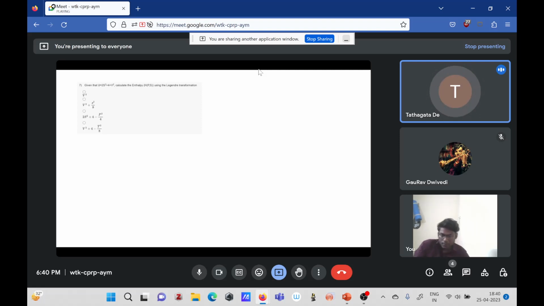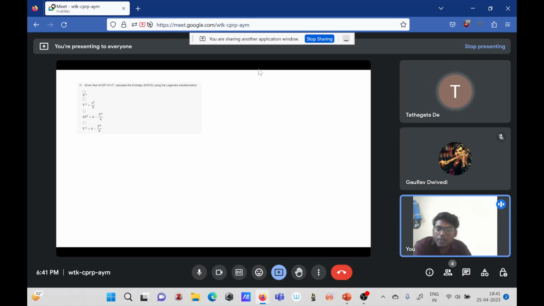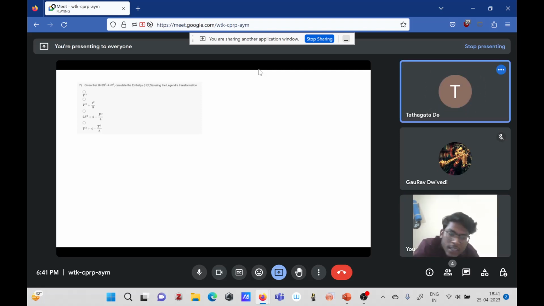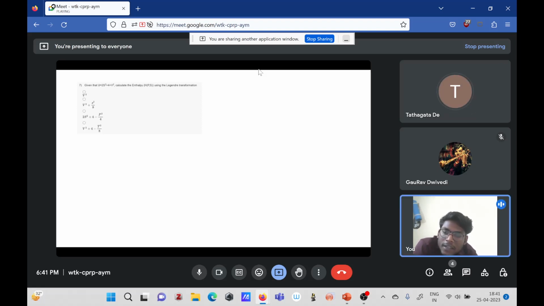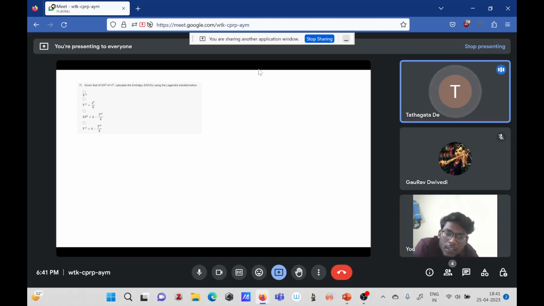The third one should be the case, no? I'm talking about the option. I'm doing option testing in that. I want the complete process. Is it correct? It is correct because it is quite simple, right? So you are just writing it in terms of P and S, but in all those other options there is V and S, so those are not correct.